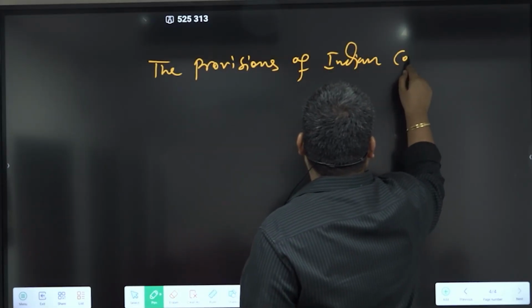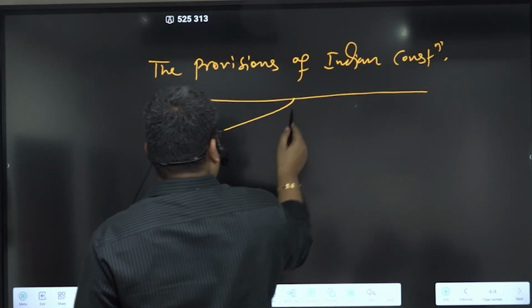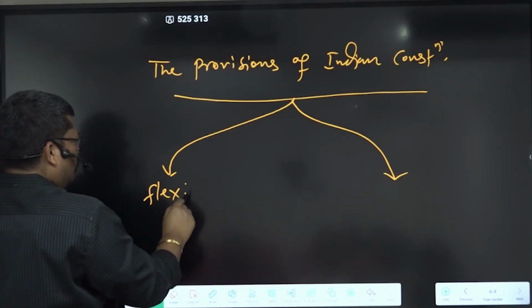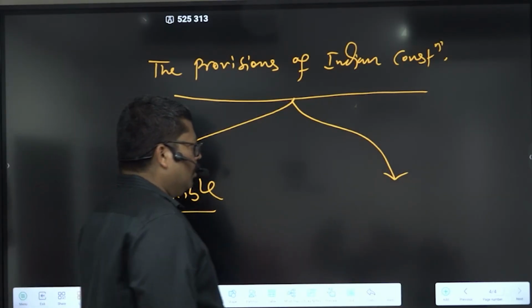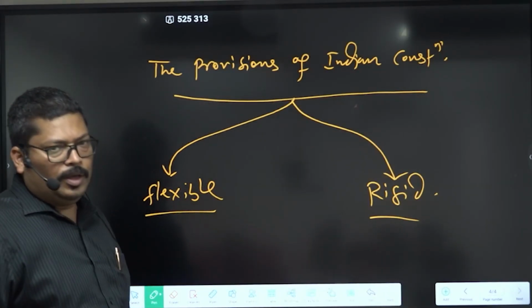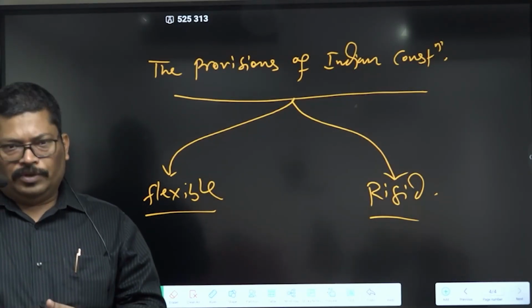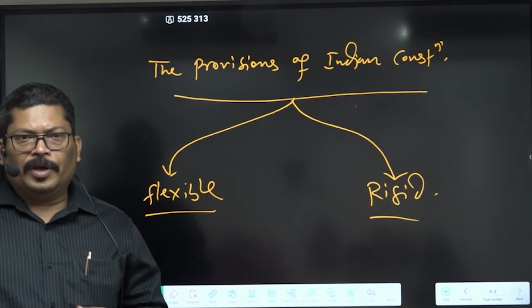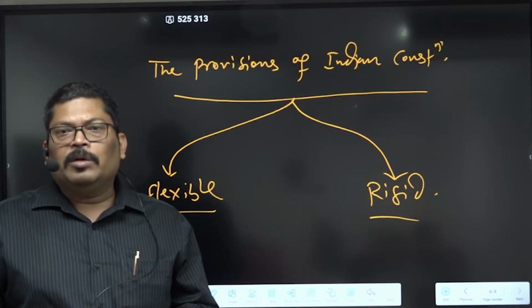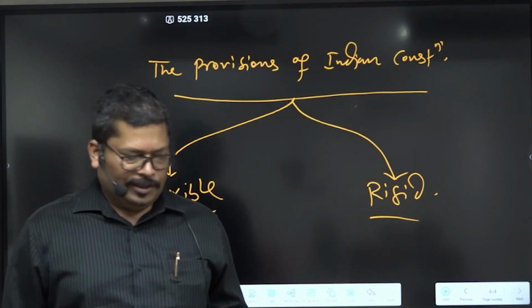The provisions of Indian Constitution are of two types. One is flexible provisions and the other is rigid provisions. In earlier classes, while studying about the features of Indian Constitution, we have discussed one feature: our Constitution is the unique blend of flexibility and rigidity, unique amalgamation of flexibility and rigidity.